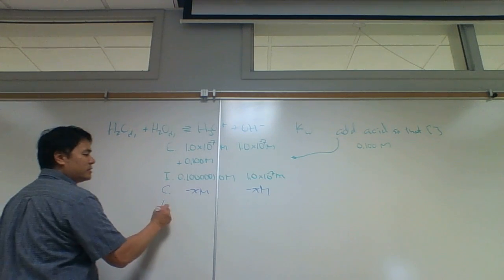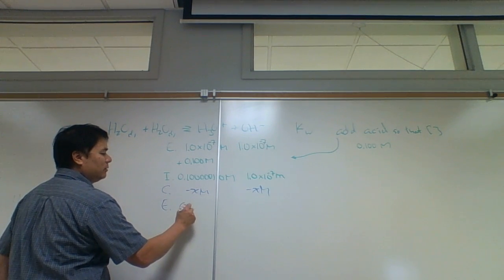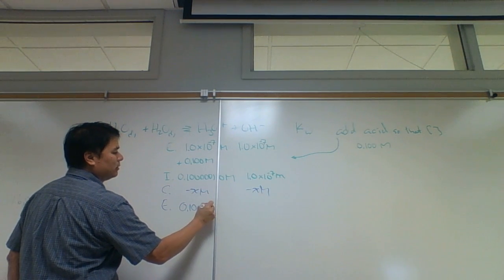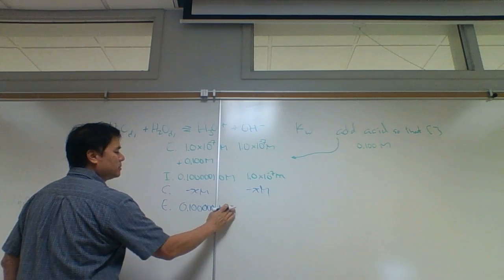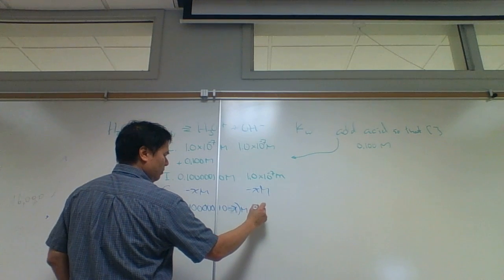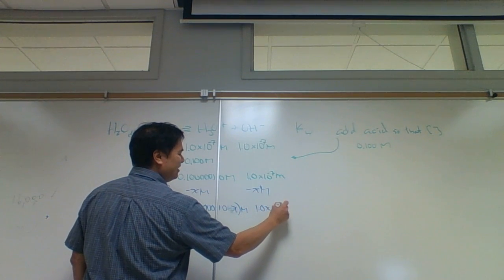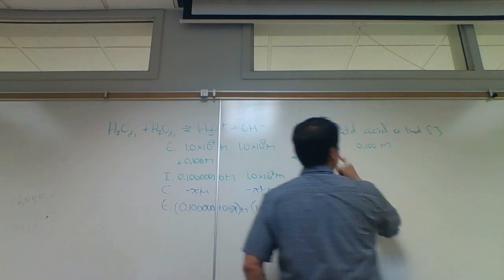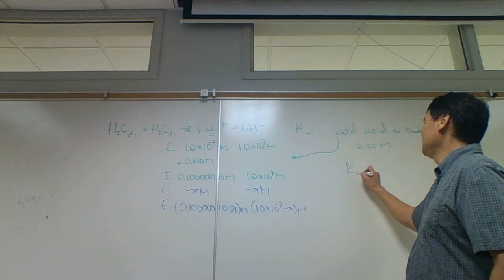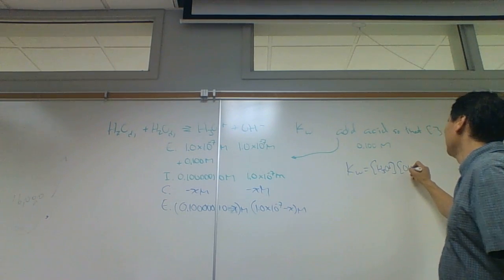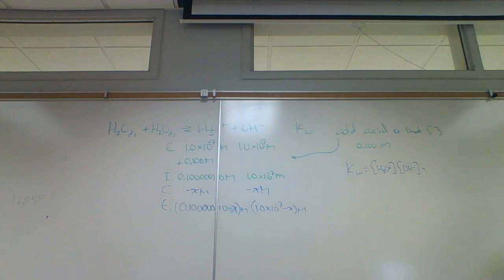And so I need to reestablish my equilibrium. My new equilibrium conditions are going to be 0.1000000 molar minus x molar, and 1.0 times 10 to the minus 7 minus x molar. And so this is just equal to Kw. Kw is equal to the hydronium ion concentration times the hydroxide ion concentration. You should memorize this value. Do you have it memorized?